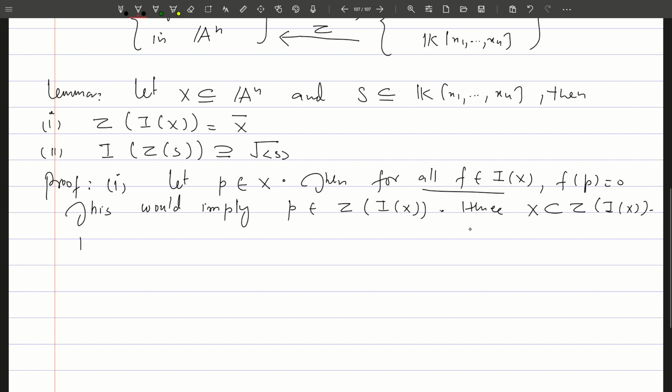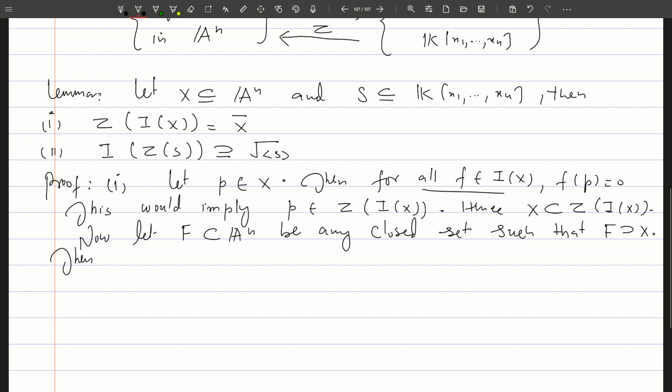So now let F be any closed set such that F contains X. Then the zero set of the ideal of X is contained in F as well.